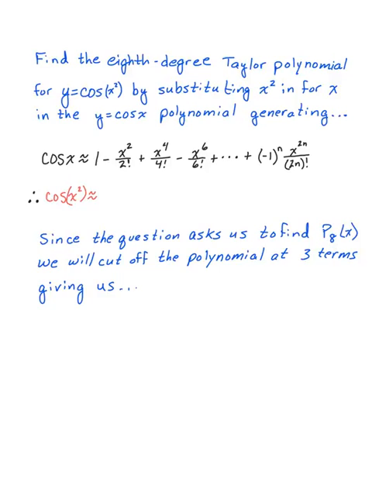And so this is your cosine of x Taylor polynomial. If we want to find the Taylor polynomial for cosine of x squared, all we're going to do is take x squared and replace it everywhere we see an x.